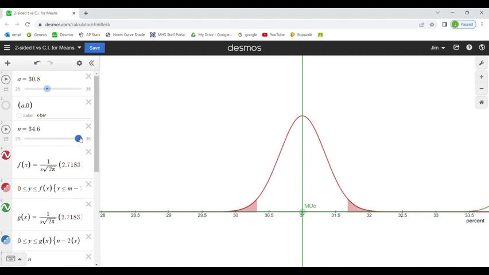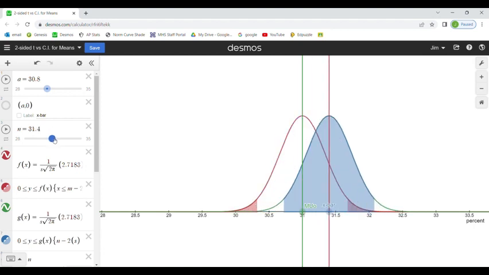Okay. So instead of looking at just the x bar, if I took the x bar and plotted my confidence interval around it, I'd have something like this. Again, if my x bar is in this range, I'm going to fail to reject the null hypothesis. Notice the hypothesized value, mu sub naught, is contained in that blue confidence interval.